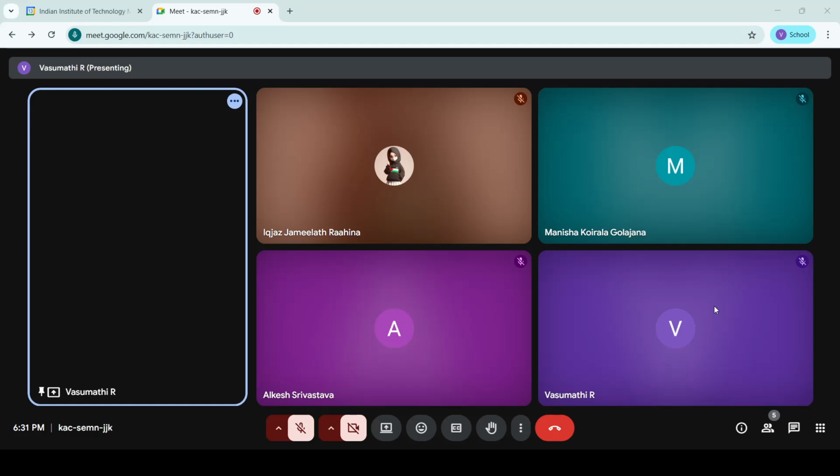So compare this with the standard second order system transfer function, which will be represented as s square plus 2 zeta omega n s plus omega n square. If I compare these two, omega n square is equal to 64, 2 zeta omega n will be equal to 8. So this gives us omega n equal to 8. If I substitute here, 2 zeta 8 is equal to 8, 8 will get cancelled, 2 zeta equal to 1, zeta equal to 1 by 2.